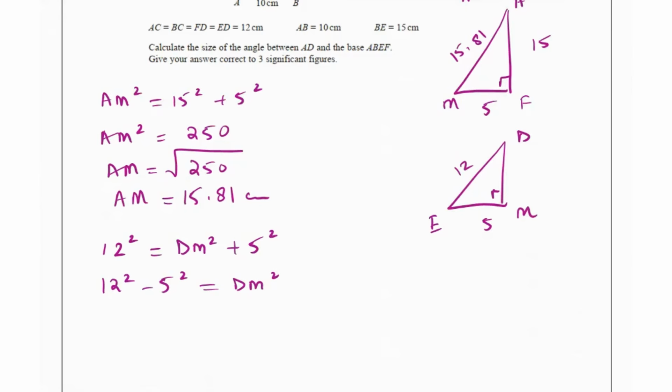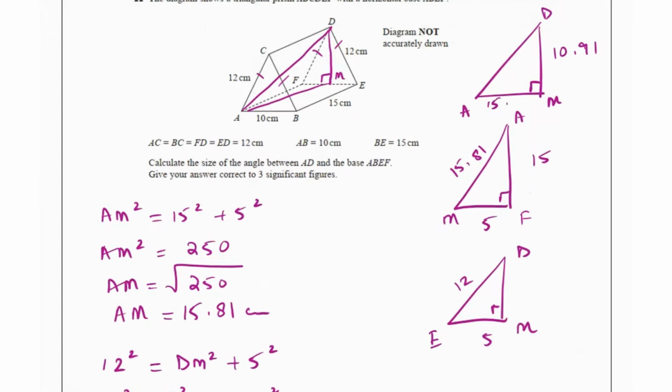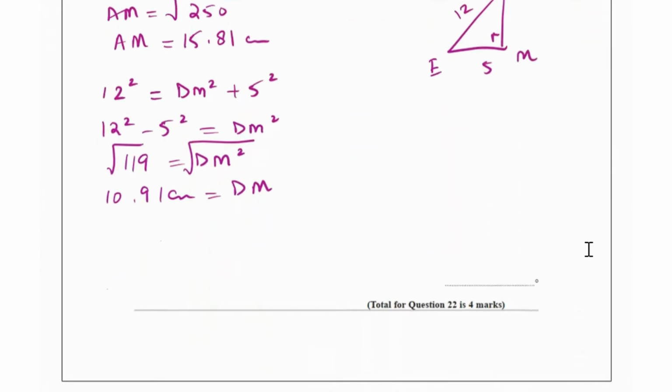So now if we go back to the first triangle that we drew, we have DM, which is 10.91. We have AM, which is 15.81. So we need to find the angle that the length AD makes with the base. So this is the angle. So we'll use tangent because we have the opposite, which is 10.91, and we have the adjacent, which is 15.81.